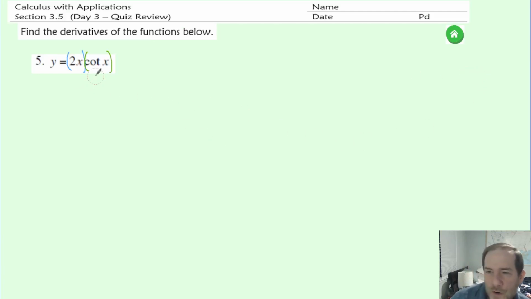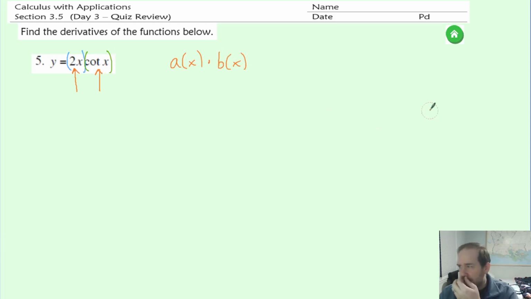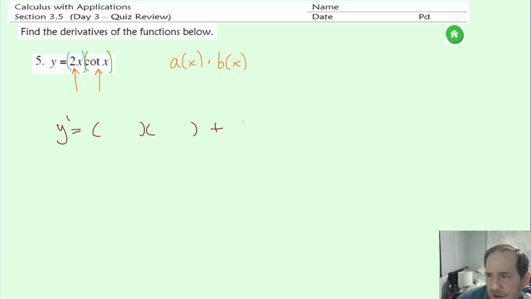Now this one requires product rule because this thing involves x, and this involves x. So when you have a function involving x times another function that involves x, that's when you must do product rule. So for this, we know that our derivative is going to be derivative of the first times the second plus the first times derivative of the second.